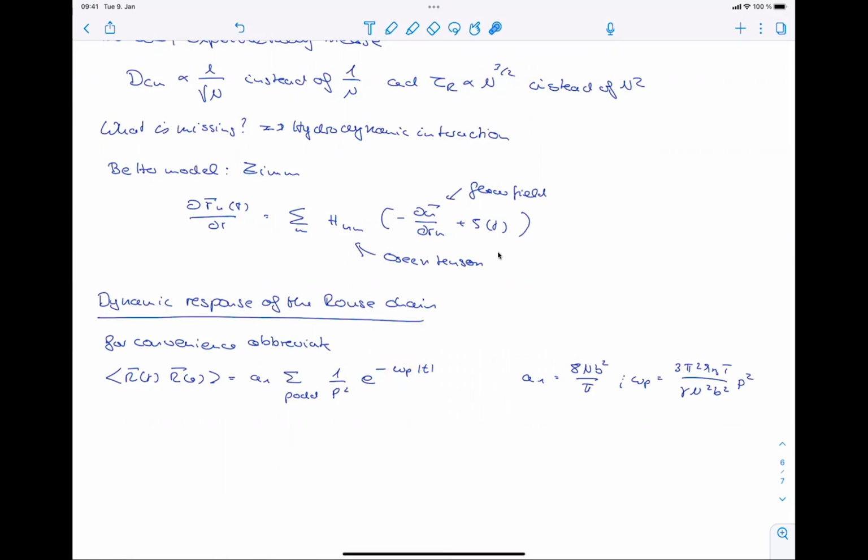Which is switching to a frequency, because what we're interested in is to say, we take the polymer and we now probe it on different timescales.